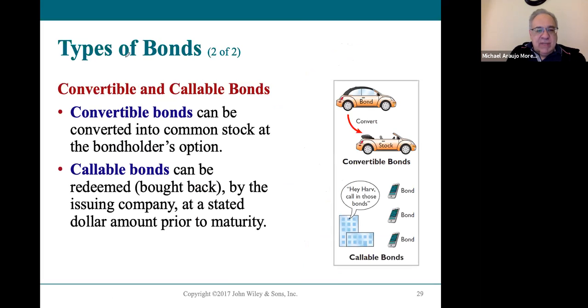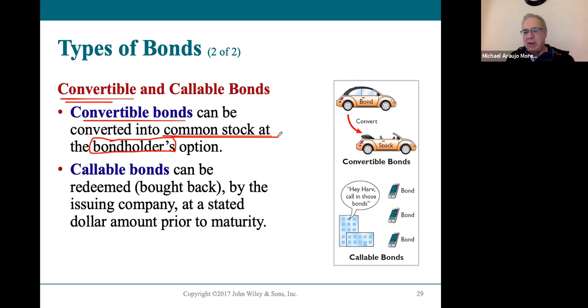Another thing, there are some features. I know the book calls them types of bonds, but these are actually features. There's something called a convertible bond, which basically is at the bondholder's option. If you are the lender, you are the bondholder, you have an option of getting paid back with shares of common stock.